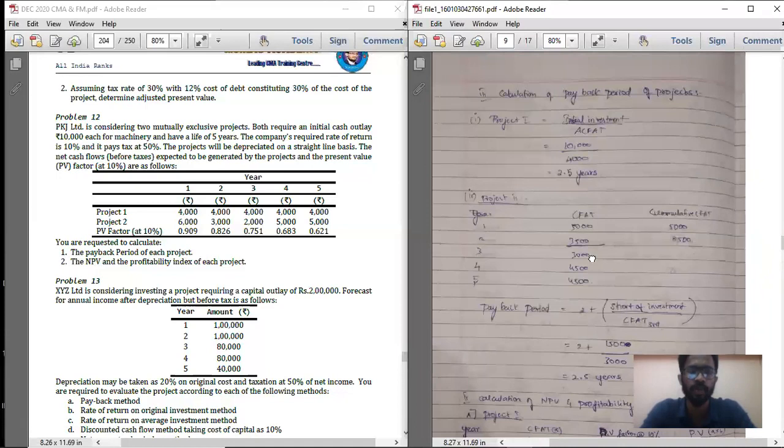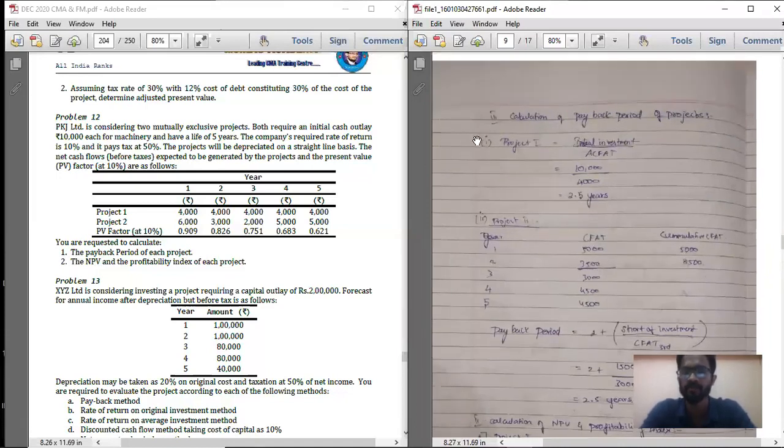Now moving on to payback period. So statement number 3. Below that, statement number 3, calculation of payback period of projects. Below that, small Roman number 1, project 1. What is the formula for payback period? Initial investment divided by annual CFAT.